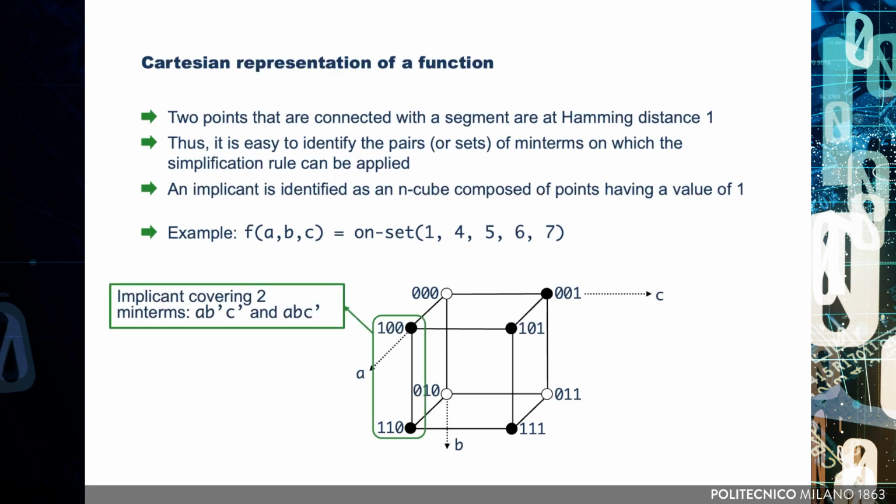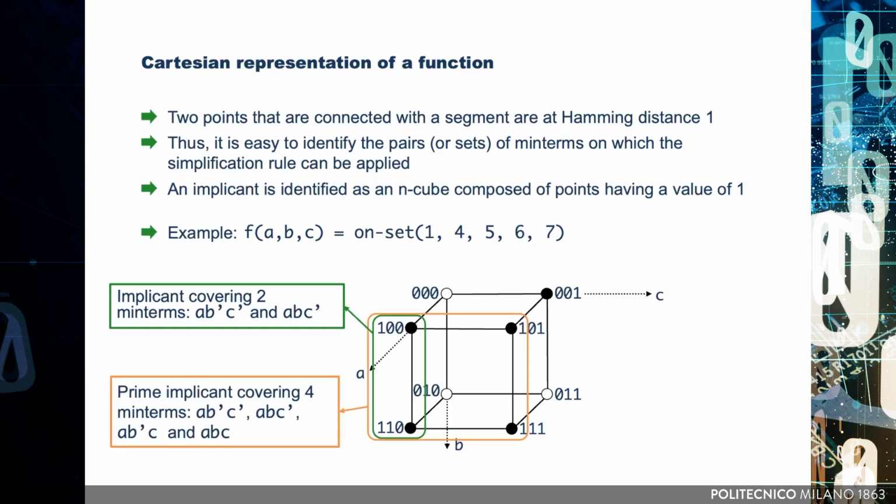In green, we highlight an implicant that groups together 2 minterms, forming a 1 cube. We can expand this implicant to include the 2 minterms on the right, forming a 2 cube with 4 minterms. Indeed, the application of the simplification rule on sets of minterms corresponds to identifying n cubes containing only one valued points.